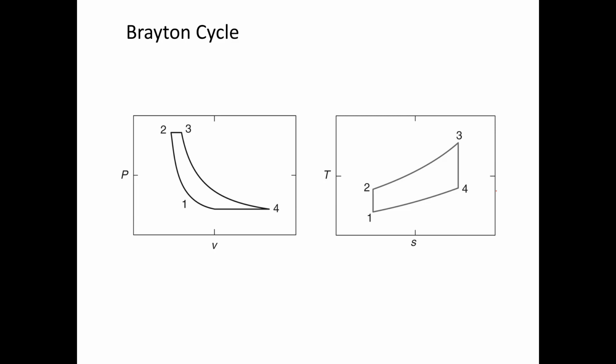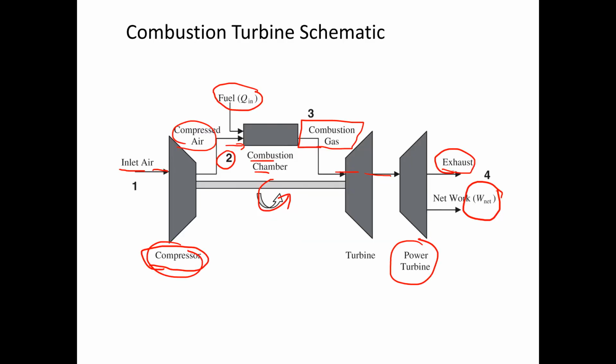Now, as we covered in thermodynamics, and I know that you also covered in advanced thermodynamics, there is a simple form of a combustion turbine, which makes it more easily analyzed. It's called a Brayton cycle. In a combustion turbine, you have hot gases being exhausted.